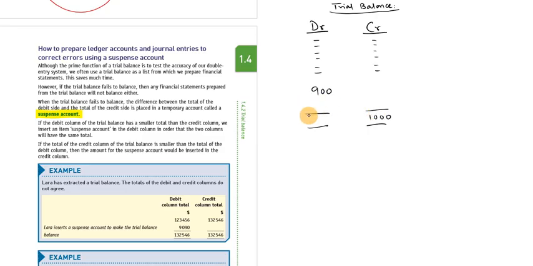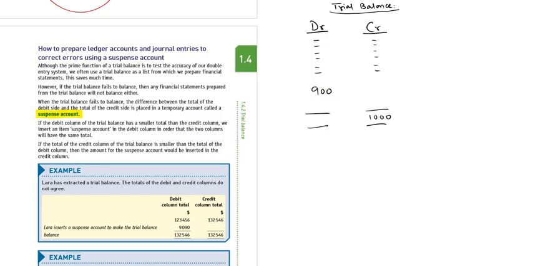So 900 is never equal to 1000. It means a suspense account will occur if our trial balance is not balanced, to balance the trial balance on a temporary basis, because we never know about the error.